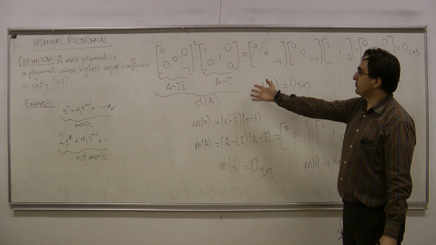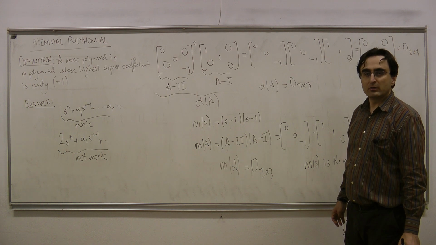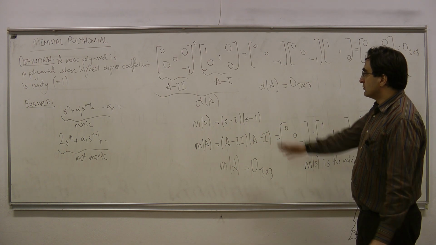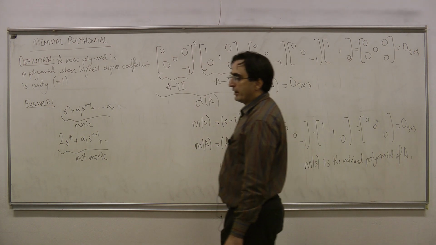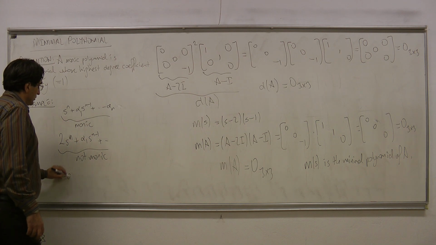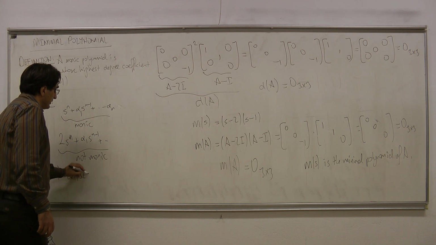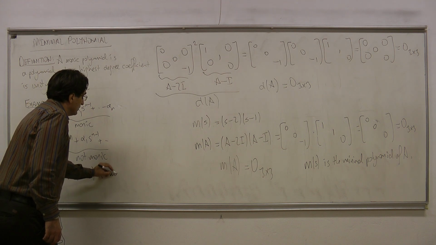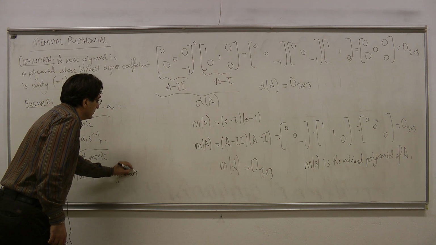Of course, the characteristic polynomial is a monic polynomial. It always starts with s to the n, with the coefficient 1. So the characteristic polynomial D of s, equal to determinant of sI minus A, is always monic.